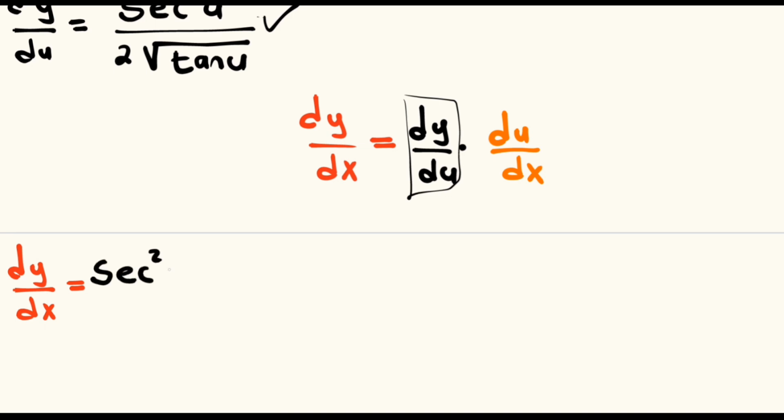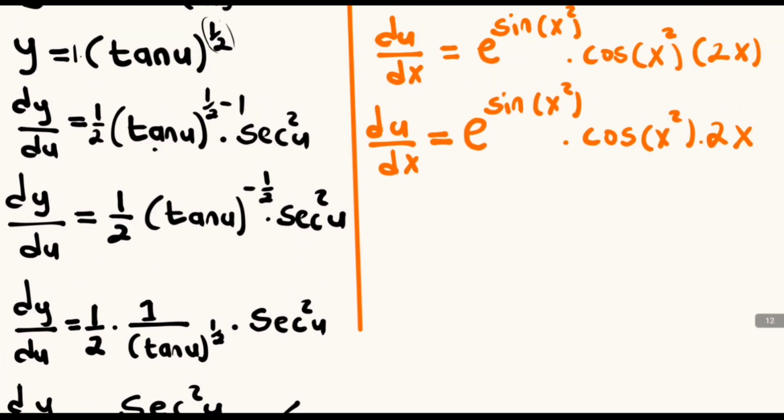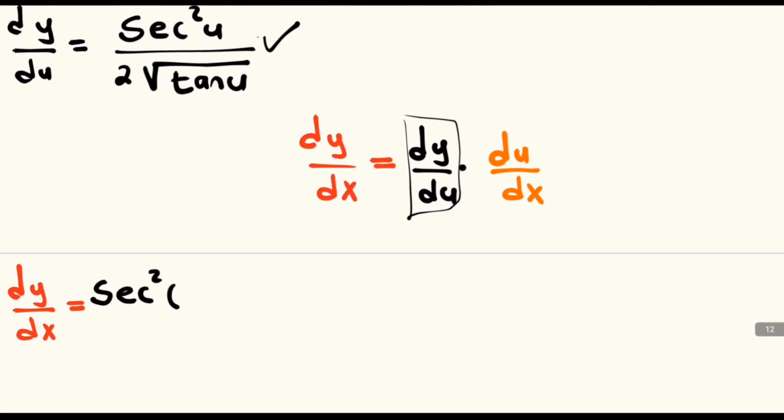But remember, we have to substitute back the e raised to the power sine of x squared in the place of u. We substitute the e raised to the power sine of x squared where there is u.